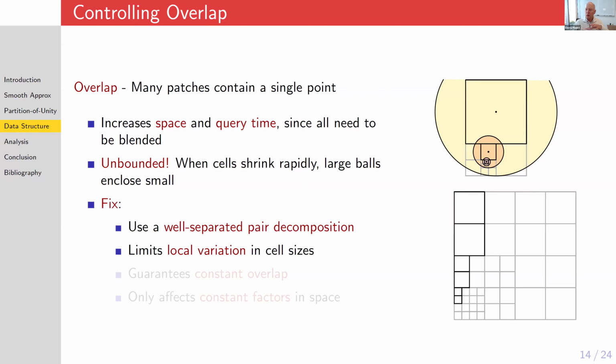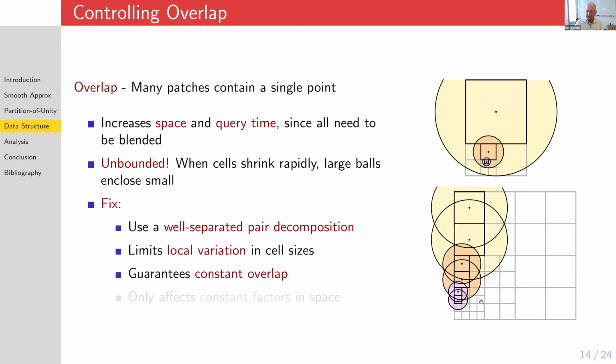What you do is you refine the quad tree so that the cells don't change so quickly. You want to have a smoothly varying change, which of course has to do with the size of these little disks here. But if you do it properly, what you can guarantee is any given region of space is only going to be overlapped by a constant number of points. Now you might say, well, I have to add a whole bunch of additional boxes to my system.